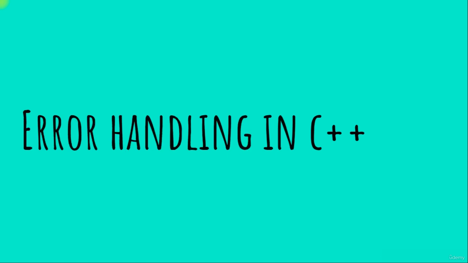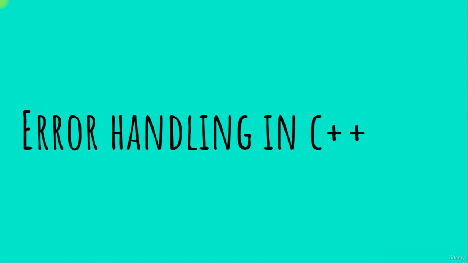After completing the OOP part, we move to the error handling part. Let's discuss a mathematical scenario. If you are performing an operation and you try to divide a number by 0, that is mathematically not valid, because the answer will technically become infinity.